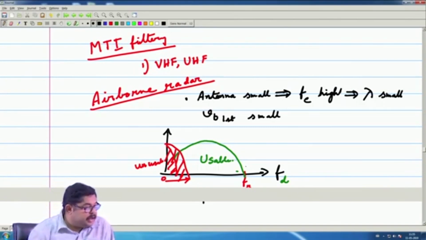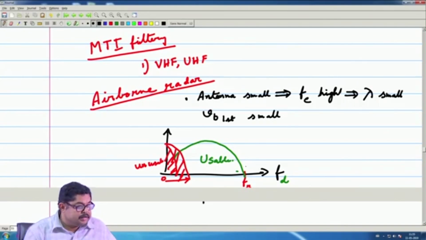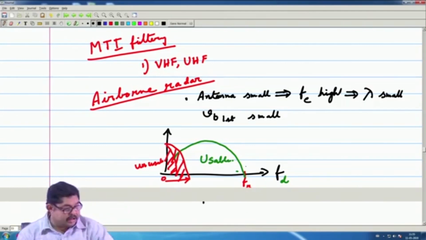So, what are the other options? Ultimately you are trying to detect moving targets, so you will have to extract Doppler. But instead of MTI filtering, which is basically a time domain approach, can we do it in the frequency domain?